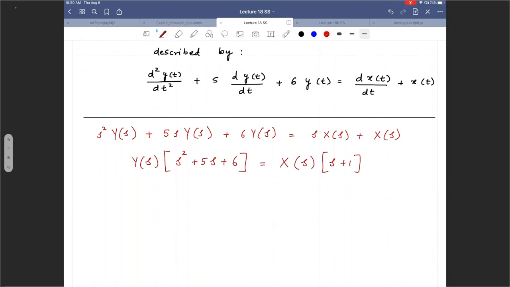My H of s, the transfer function, is going to be Y divided by X, which is going to be s plus 1 divided by s squared plus 5s plus 6.